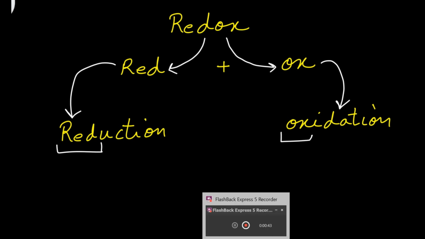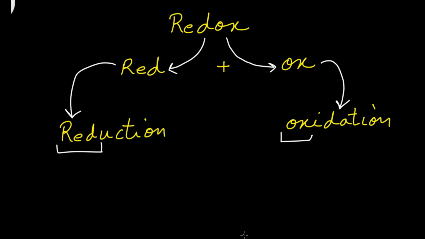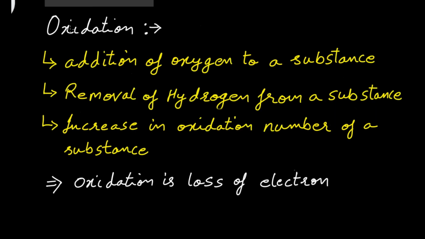Now we will take a look at oxidation and reduction separately. First, let's see what is oxidation, or what are the different definitions of oxidation. Now there are a few definitions that I have written. First one is addition of oxygen to a substance. When you add oxygen to a substance, it is known as oxidation.